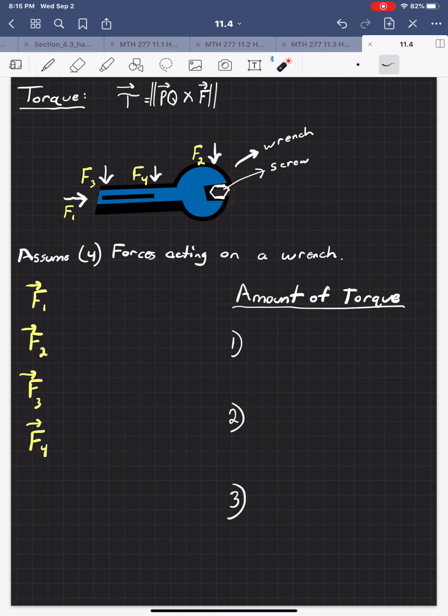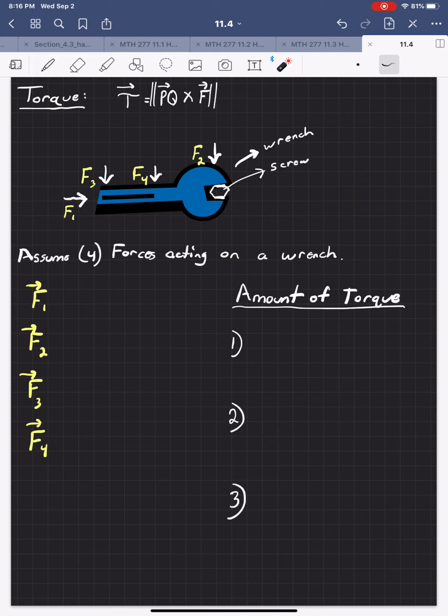It's your job to apply force to this wrench. You could apply all the force here, or here, or here, or here. There are 4 different forces here, but only 2 of the forces would actually turn the wrench.